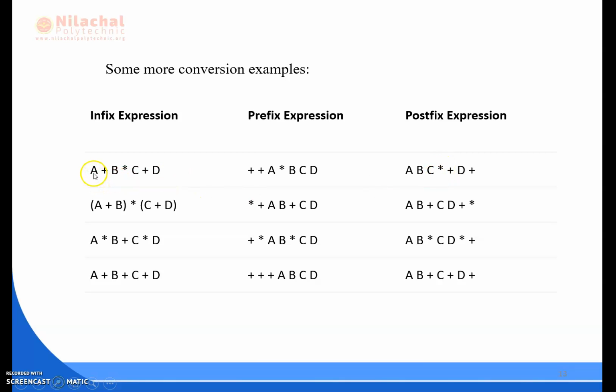Then we solve A plus B C multiplication sign, and the plus sign will be after that, that is A B C multiplication sign, then the addition sign. After that, this one is one operand and D is one operand, and we have a plus sign in between. So finally operand 1 is written, D is operand 2, then the plus sign is given.